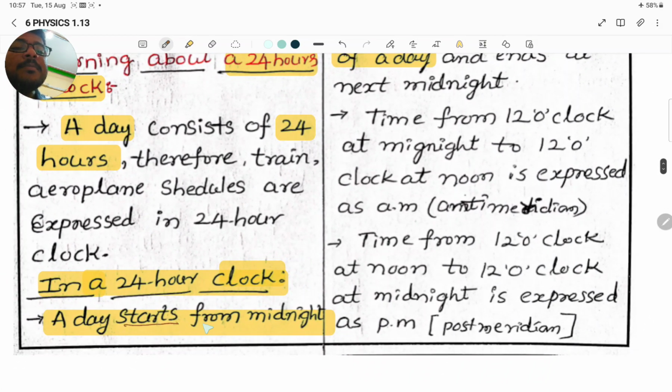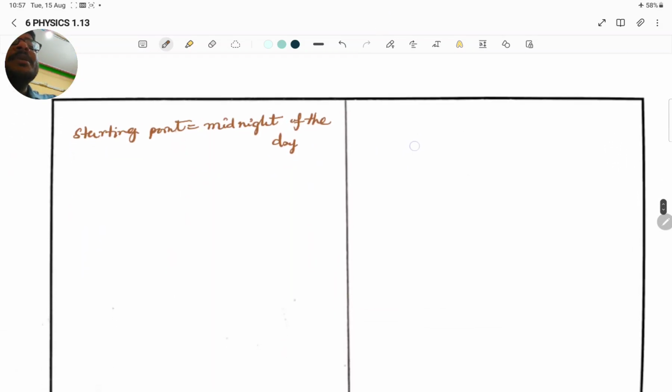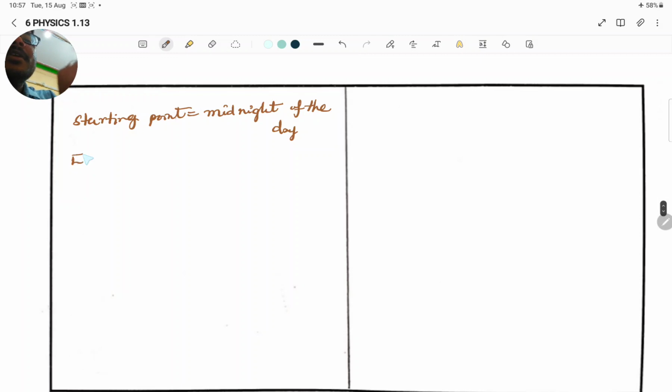It starts from midnight of a day, and ends at next midnight. The ending time is also midnight, but of the next day.